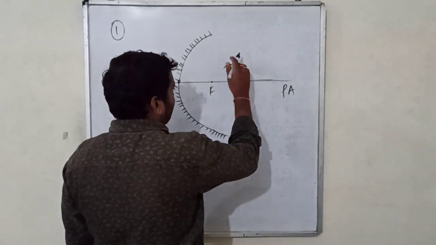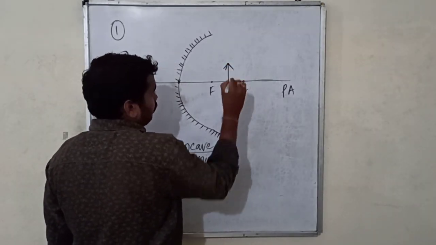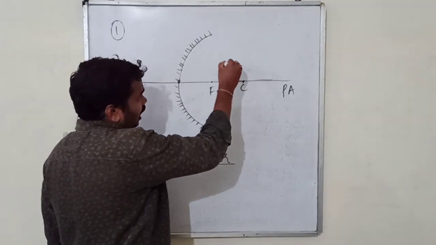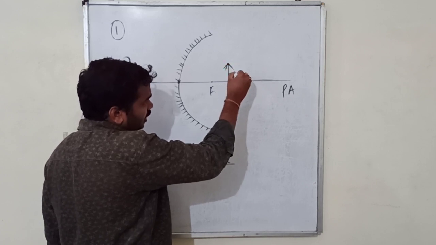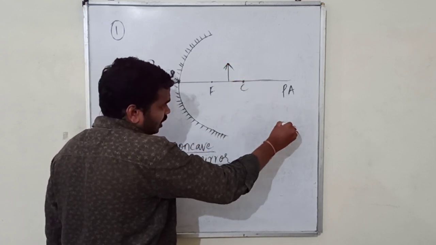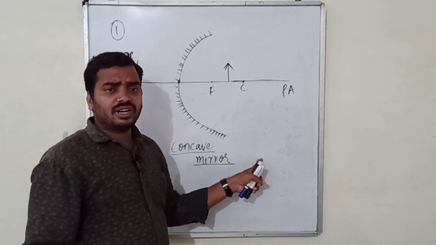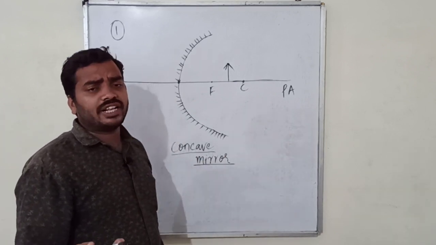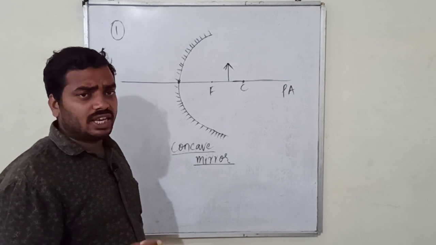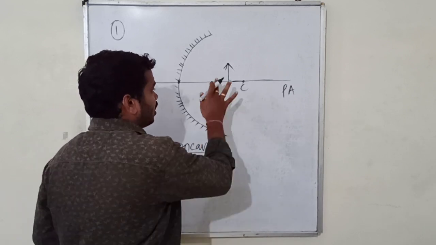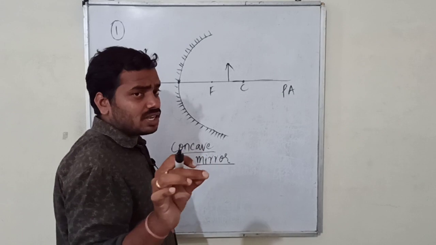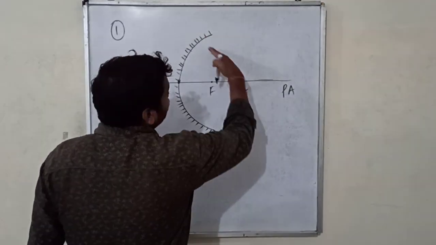Now if you observe, if you pass an incident ray in the direction of the center of curvature, obviously do you find any mirror this side? No, you can't find any mirror. Then obviously you have to consider an incident ray which is passing through the center in the direction of the mirror.